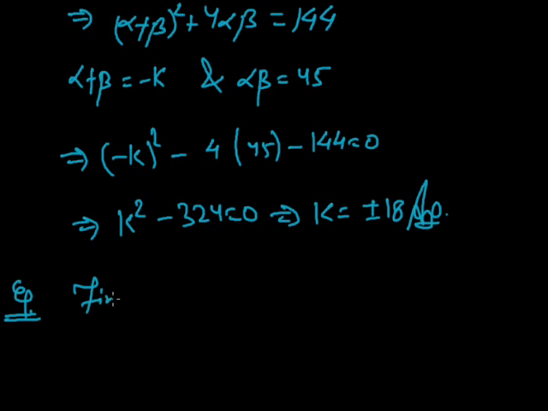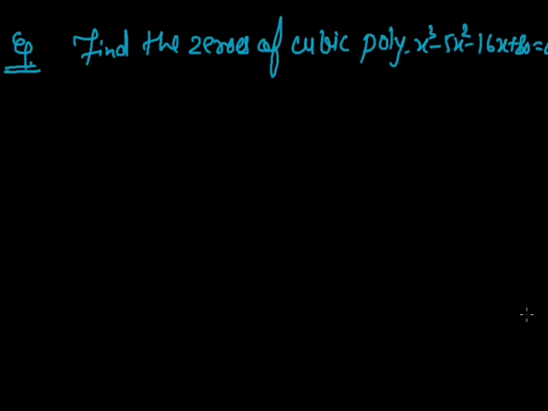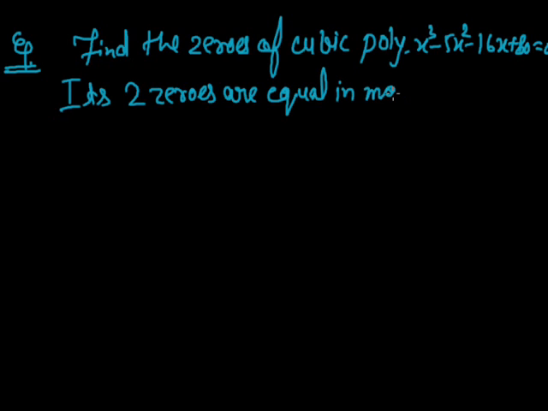We have to find the zeros of the cubic polynomial x cube minus 5x square minus 16x plus 80 is equal to 0. We are given the condition that two of its zeros are equal in magnitude but opposite in sign.